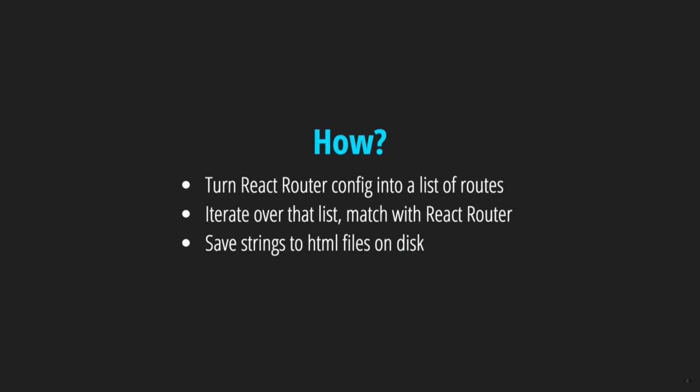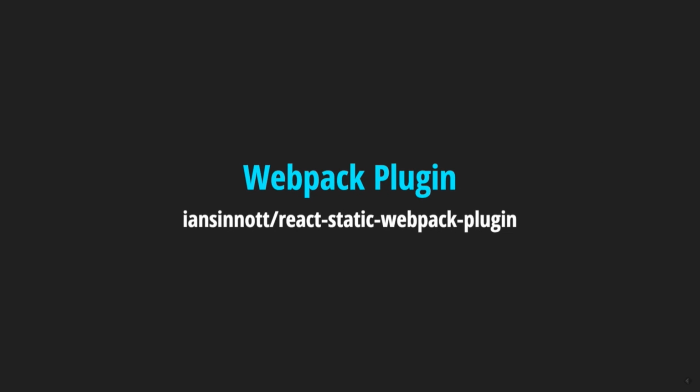I'm not going to go into the actual logic of doing any of these things, mainly because it is online for anyone who's interested. It's just an open source plugin I made for Webpack that will turn all your routes into static files. It's not that complex.